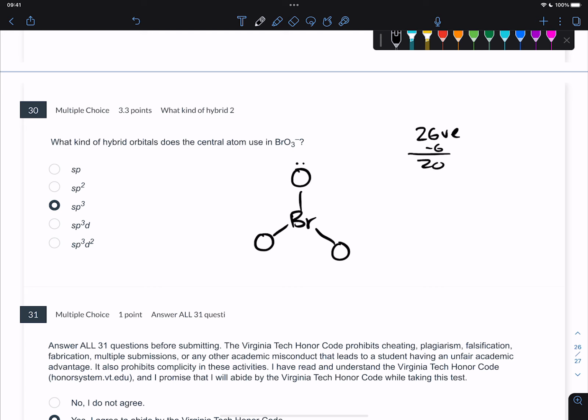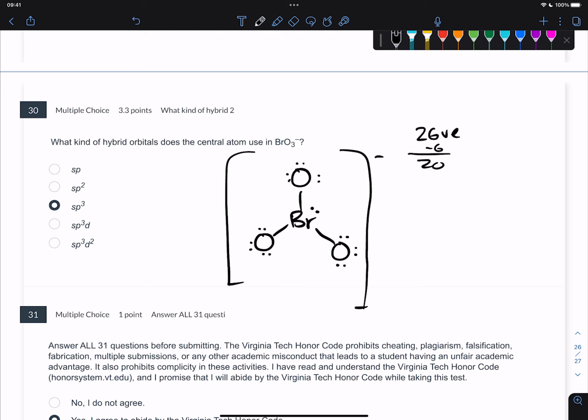Spread them out: 1, 2, 3, up to 20. If you look at your formal charges, it's negative, negative, negative, plus 2. You don't really need the formal charges, but that's just something you might want to remember. That means the entire bromate ion has a -1 charge, as we saw.